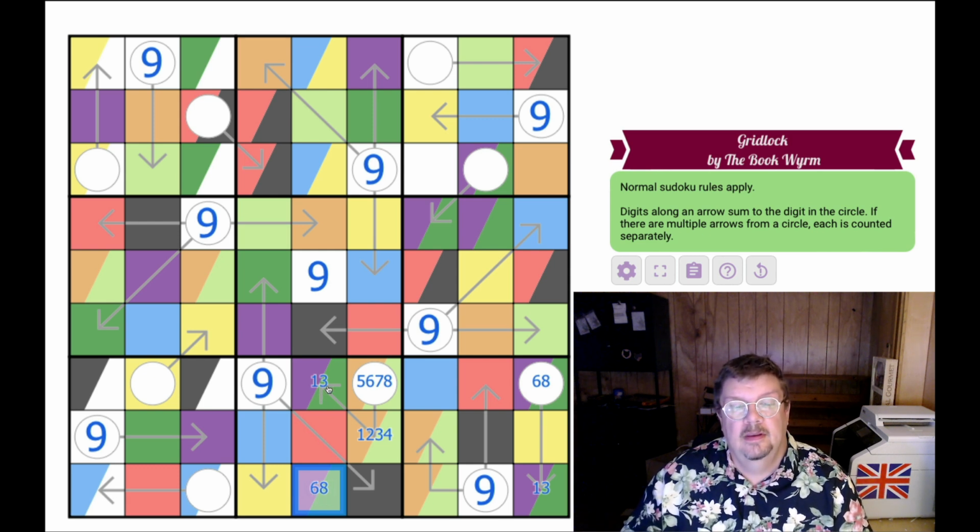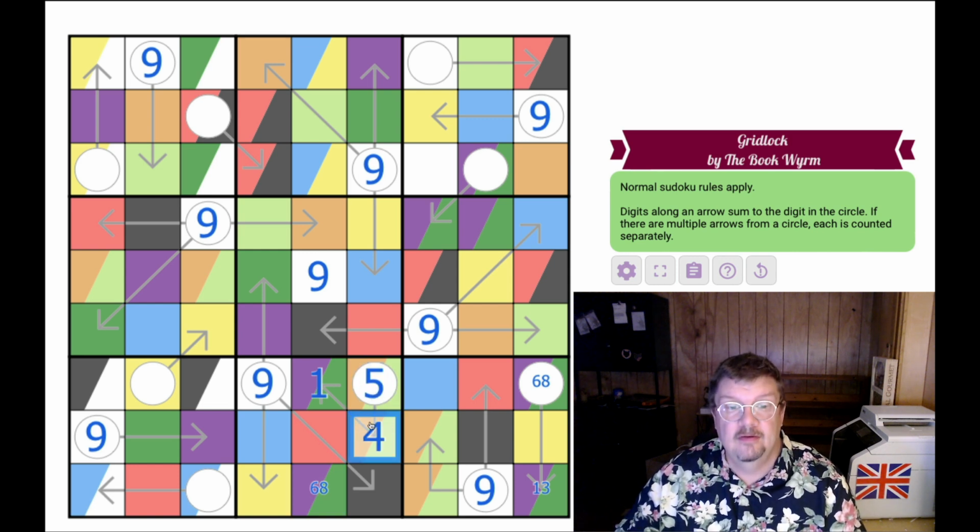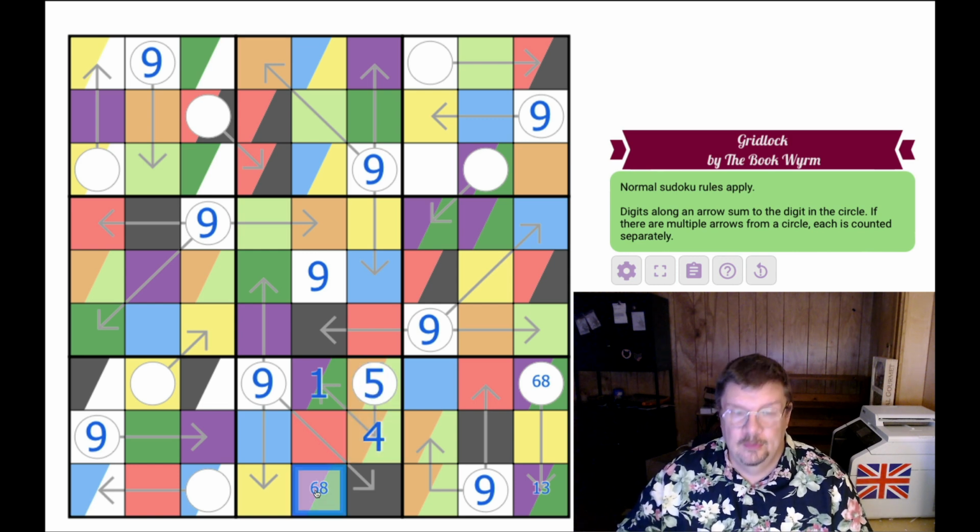Okay, now if this were a 3, in order to make these two, which sum to 9, work, this would have to be 6 and 3 for that difference, but then I'd have 2 3s in the box. That's a 1. We have our first non-9 digit. So the 1 difference comes with 5 and 4 summing to 9. All right, we've got some more digits.